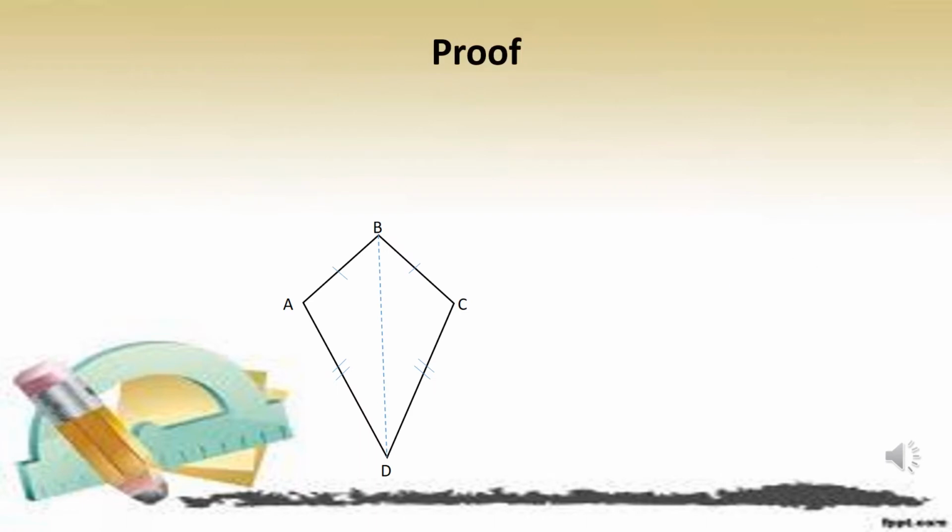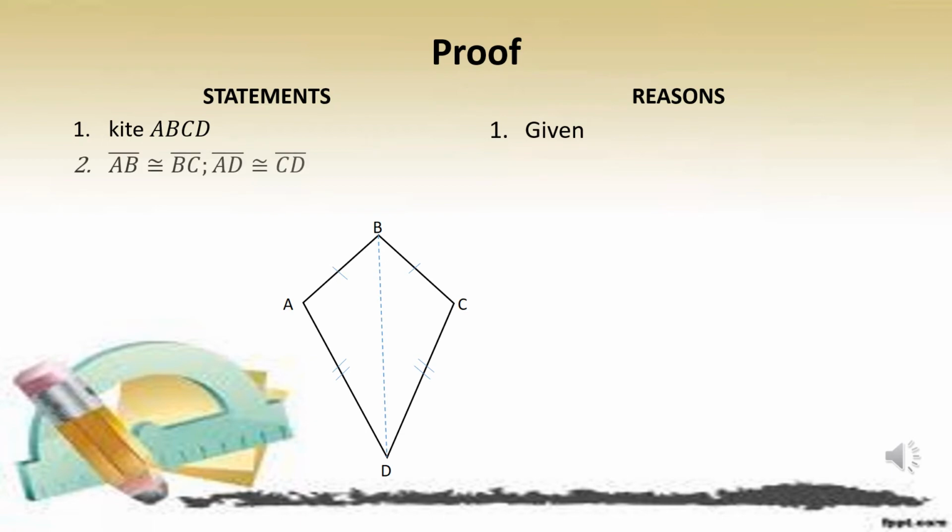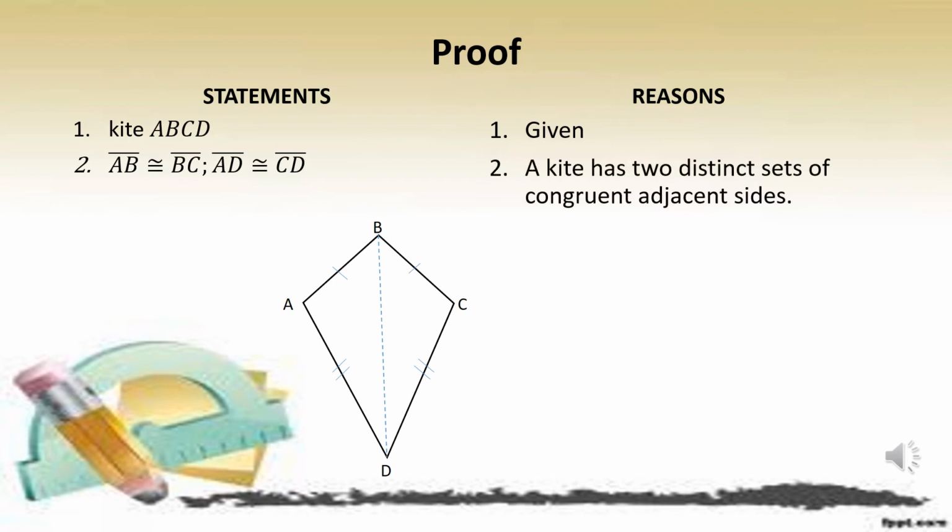For the proof, we have the first statement, ABCD is a kite, and the reason is given. For the next statement, we can say that segment AB is congruent to segment BC, segment AD is congruent to segment CD, and the reason would be a kite has two distinct sets of congruent adjacent sides, so those are taken from the properties of a kite.